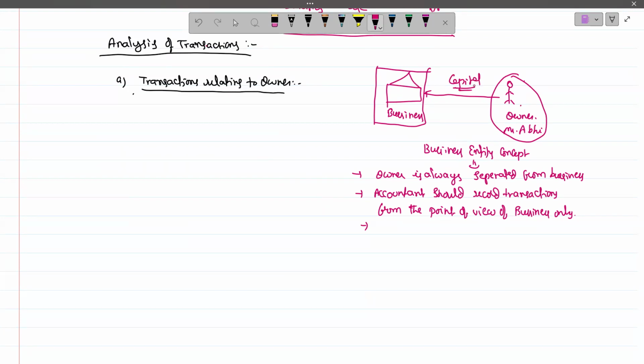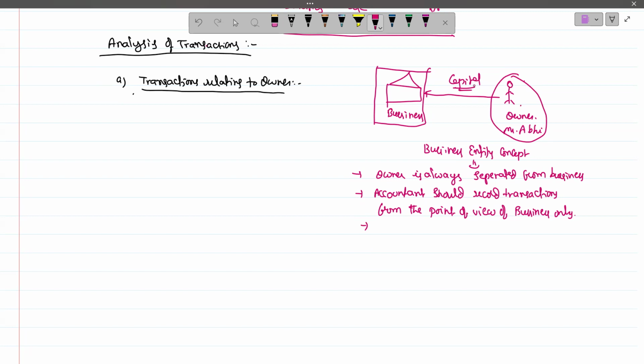Any amount brought by the owner into the business is called capital, and any amount withdrawn by the owner for his personal purpose is called what? Drawings. And those are required to be mentioned separately as per which concept? The business entity concept.